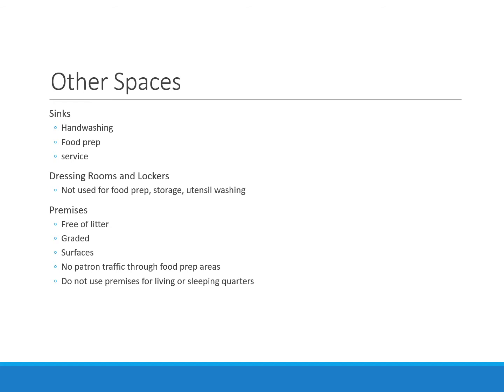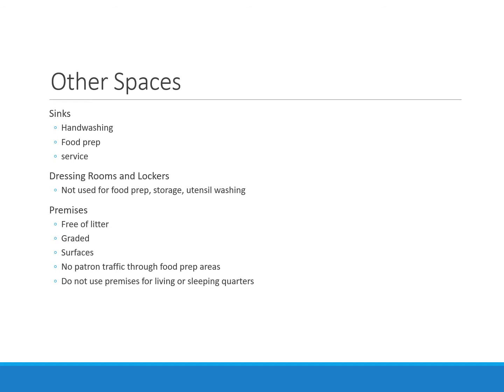If we have dressing rooms or lockers, the important thing is they shouldn't be in areas where we store food or utensils. General guidelines for your premise: free of litter. If you have a parking lot with a lot of paper waste and cans and bottles, the health department will look at that and say, that's a place where you're providing food and shelter for rodents and roaches.